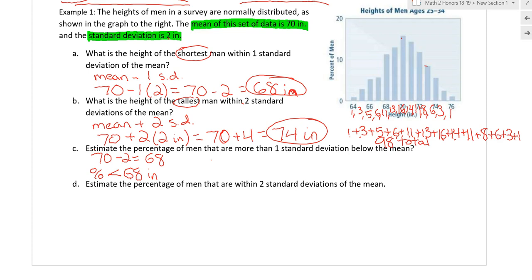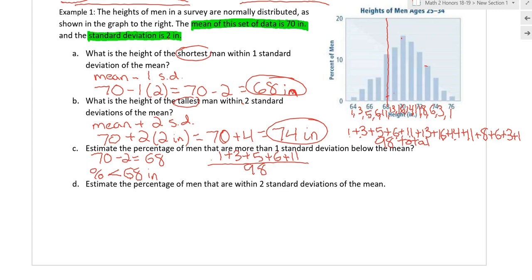So I want to find the men that are more than 1 standard deviation below the mean. So they have to be more than 68. So here's my cutoff. Since it's more than 1 standard deviation, I'm not going to include 68. So I'm going to include everything that's below that. So 1 plus. Right, so I'm just adding all of these up out of my total.